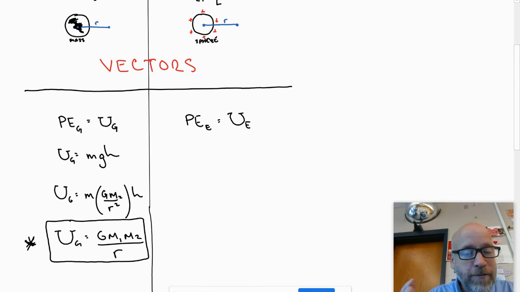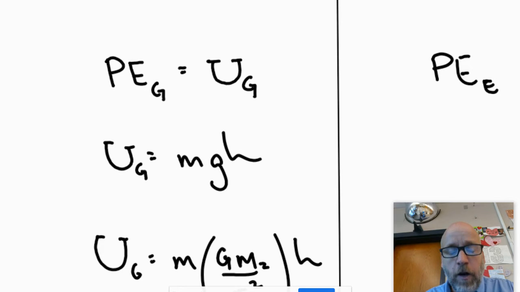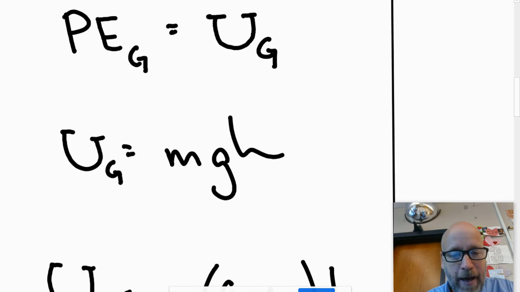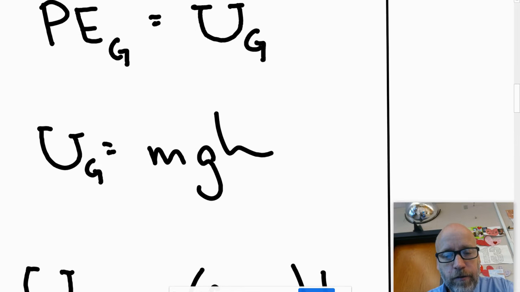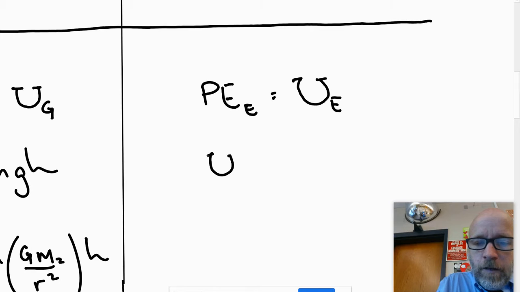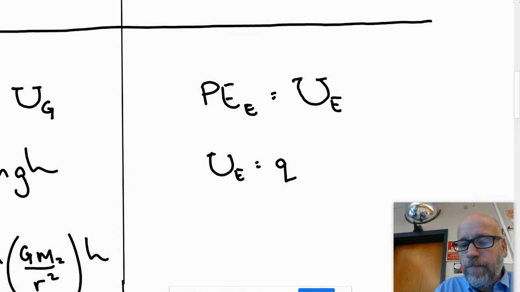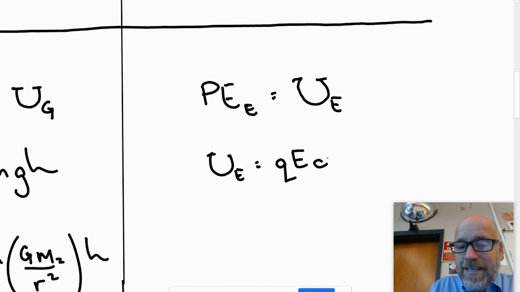Now, if gravitational potential energy is mass times gravity times distance, then electrical potential energy, the equivalent to mass in the electrical world, is charge. Field is E, and often we use a d to represent distance when we talk about electrical distances.